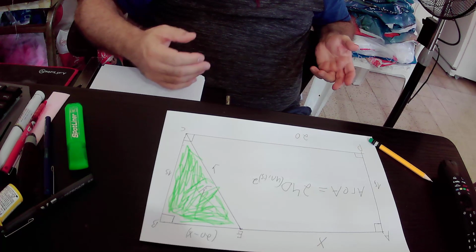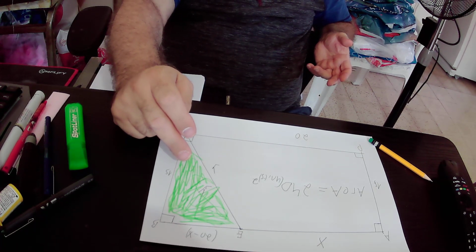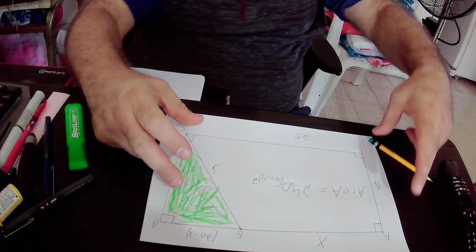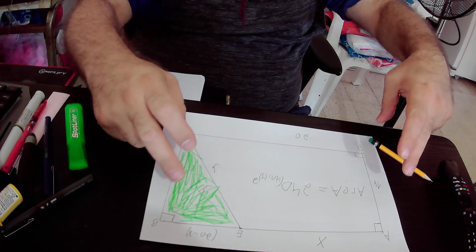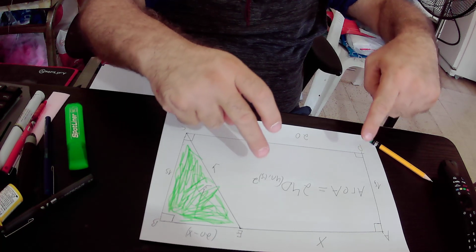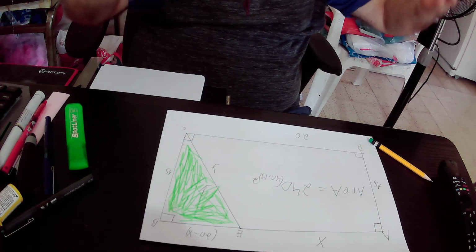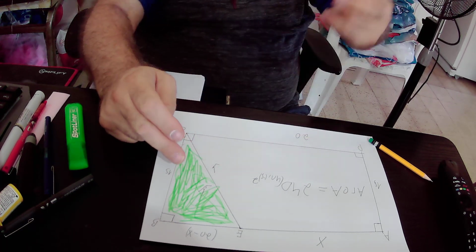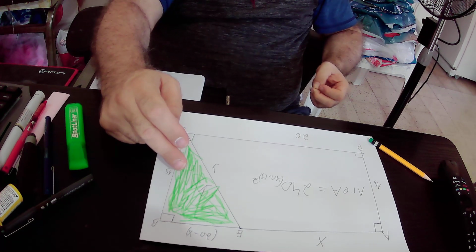We also know that the area of the right green triangle equals 60 units squared. That is the area of the rectangle, 300 units squared, minus the area of the white shape, 240 units squared. So 300 minus 240 equals 60 units squared. That is the area of the right green triangle.